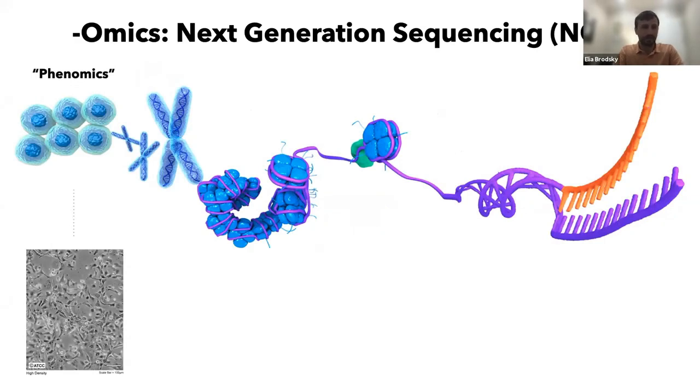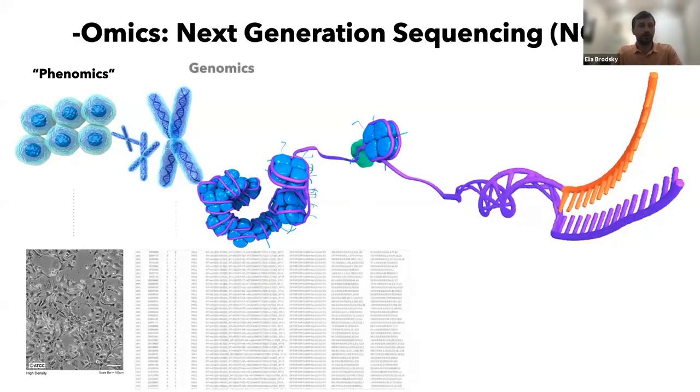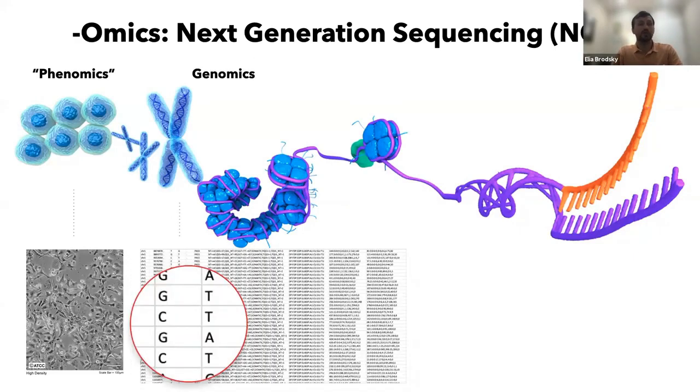So one example is Phenomics, and this means phenotypic data that can include cell morphology, the way that cells shape, right? Different cells have very different shapes, and they are dysregulated in different ways. We can also talk about genomic data, right? So the sequences of nucleotides and amino acids, typically referred to as genomic data.